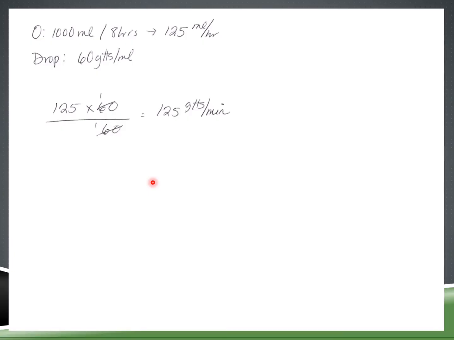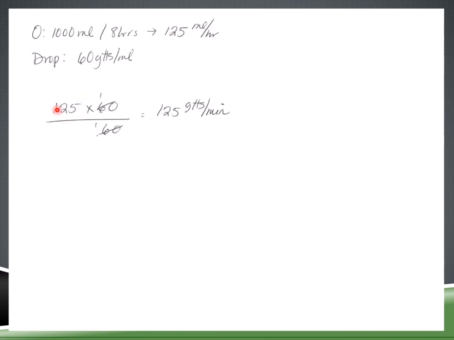Okay, so hopefully when you work this one, you notice that it has a trick. First of all, we already figured out on a previous question that 1,000 milliliters over 8 hours equals 125 milliliters per hour. So you already had that one. And then your drop factor, it said micro drip. That's always 60.